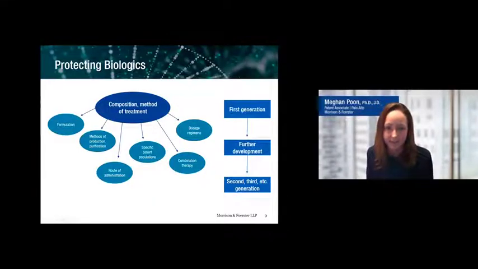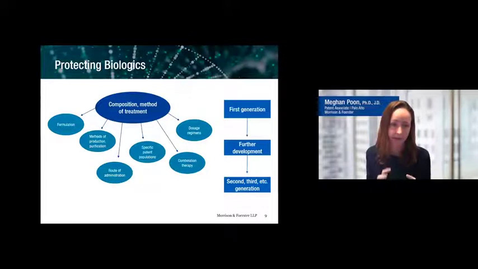The way we typically think about protecting biologics, or really any technology, is in terms of core protection, which we term first generation, and then additional generations thereafter: second, third generation, et cetera. In the blue in the center, that's what I would consider the core first generation protection.